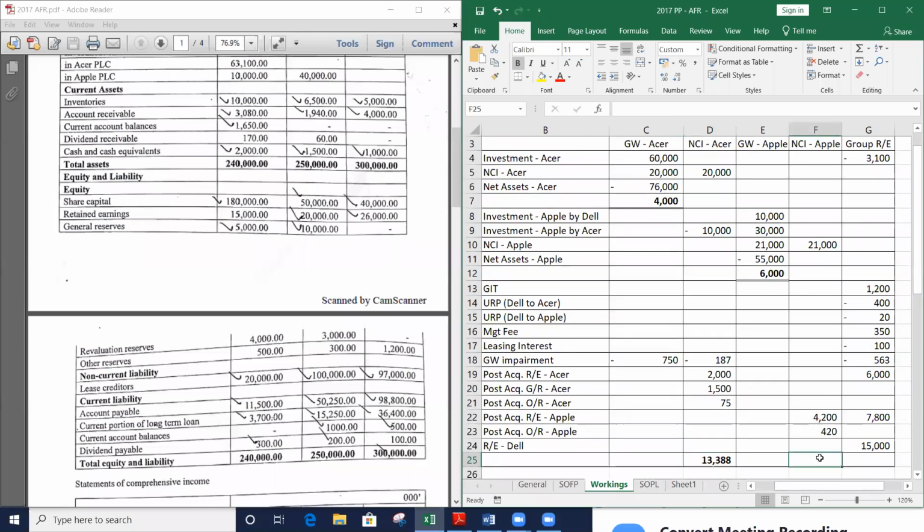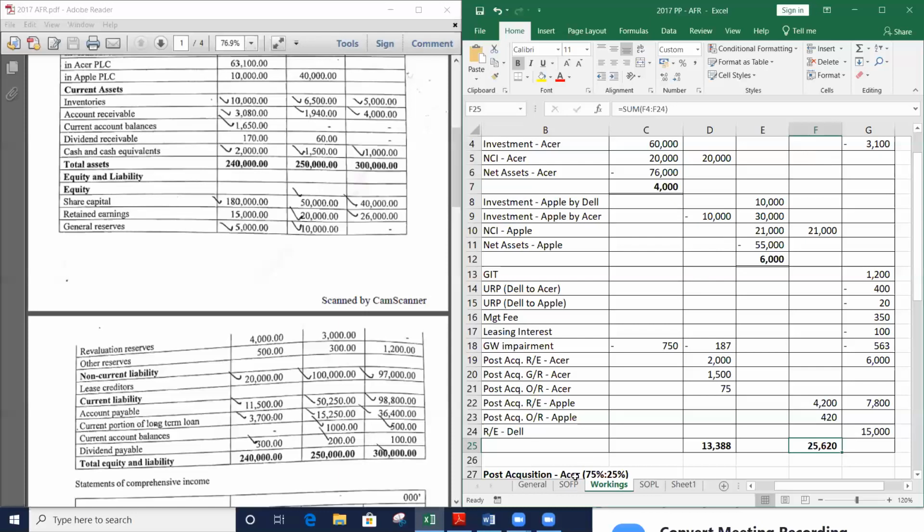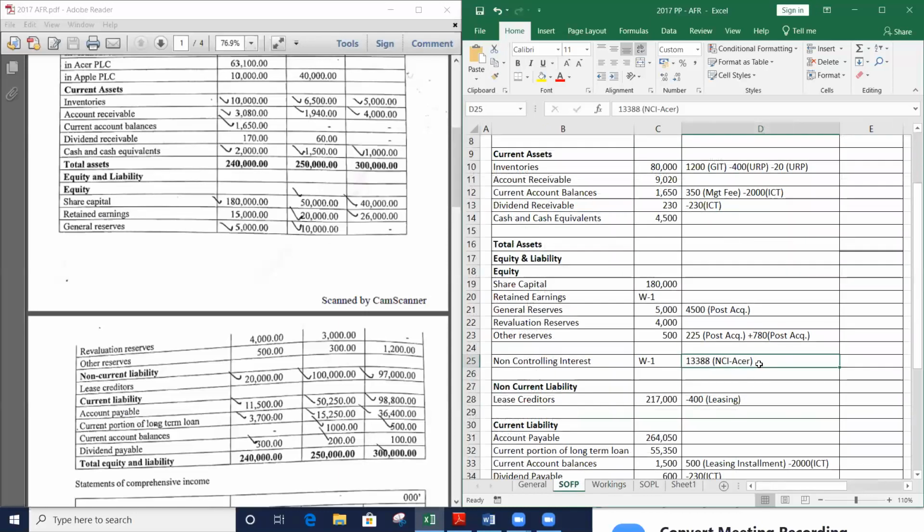NCI value of Apple, 25,000. NCI value of Apple means the sum of these things, 25,620. This is NCI value of Apple.